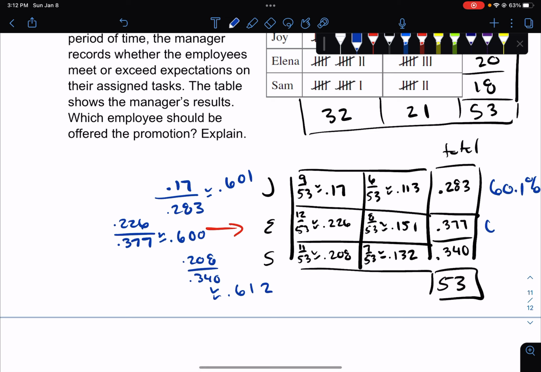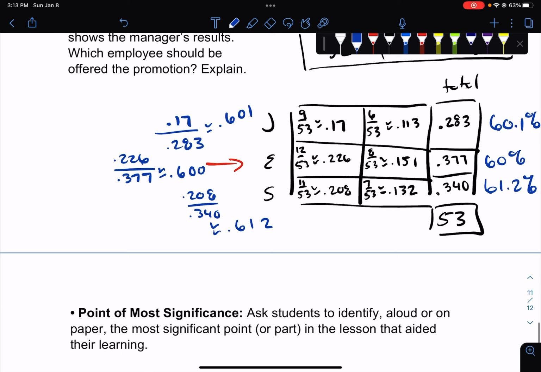Elena exceeded expectation 60%. Sam exceeded expectation 61.2% of the time. That's a really hard decision to try to choose who had the best percentage because they're all really, really close. If this is all that you were basing it on, then Sam is the one that has the better record of reviews. So, all right.